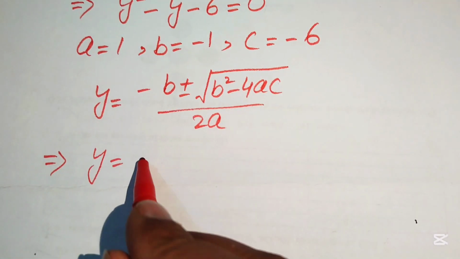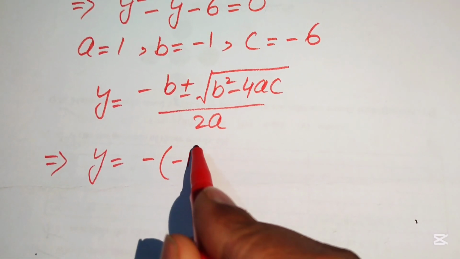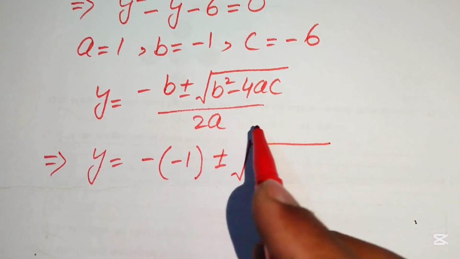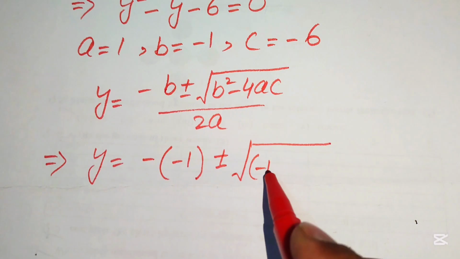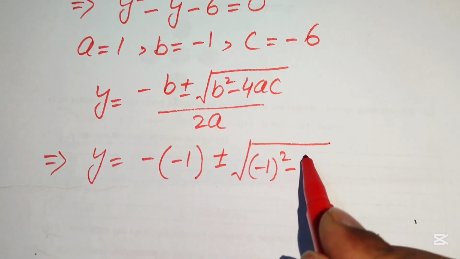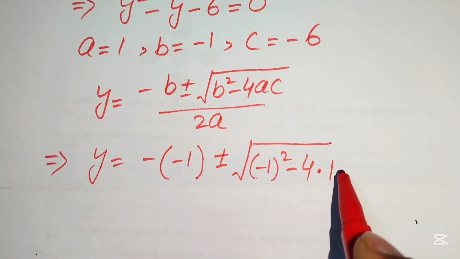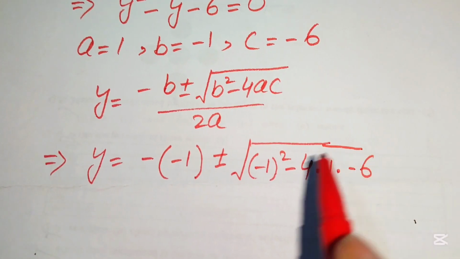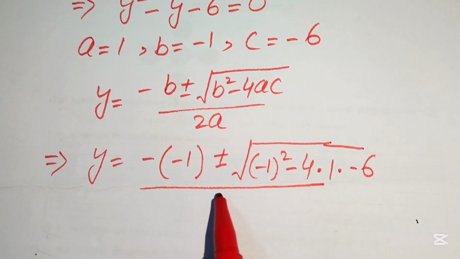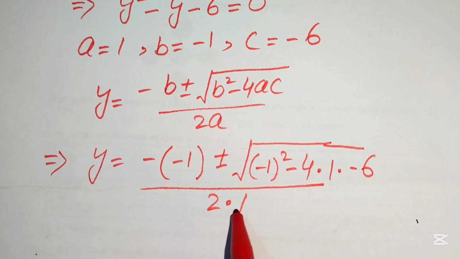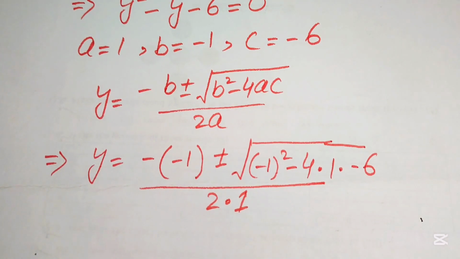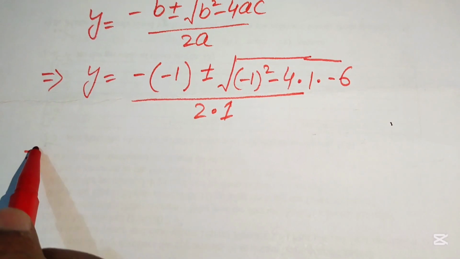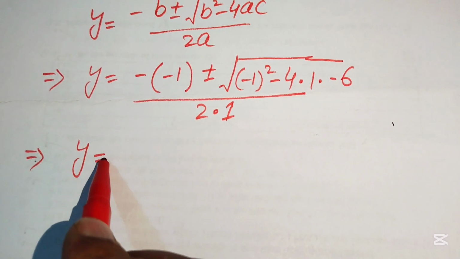We substitute it here, and it will be written as minus times -1, plus minus square root of b squared, so -1 squared, minus 4 times a, which is 1, and c, which is -6, divided by 2 times a, so our a is 1. Here we need more simplifications, so first we find the value of y.